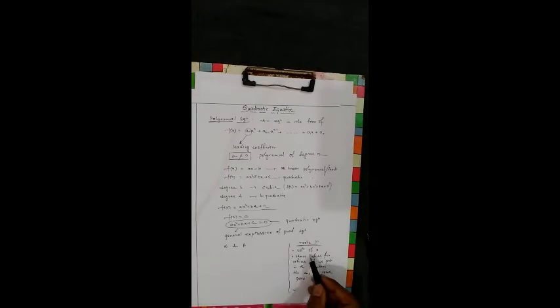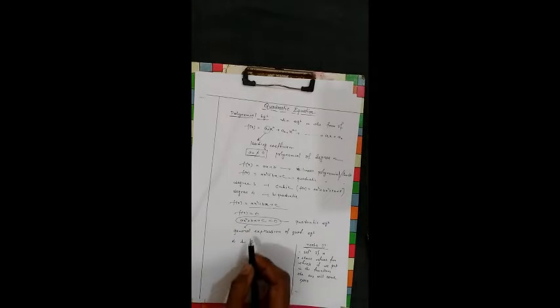Very simple. That means if f(x) equal to 0, right? If we put alpha in this equation, then the value will come 0. Similarly, if we put beta in this equation, then the value will come as 0.